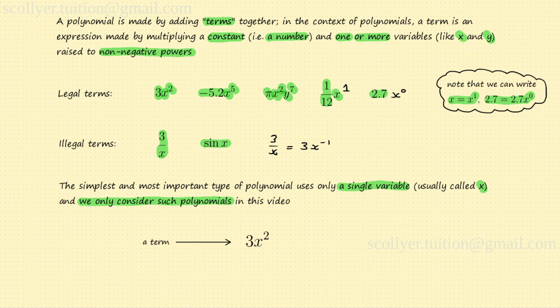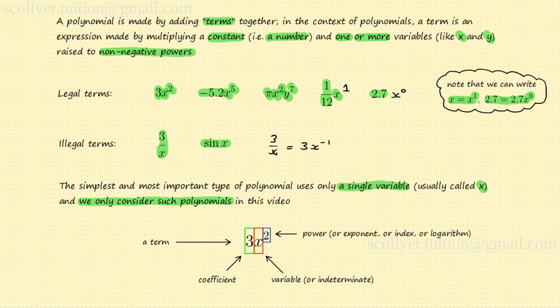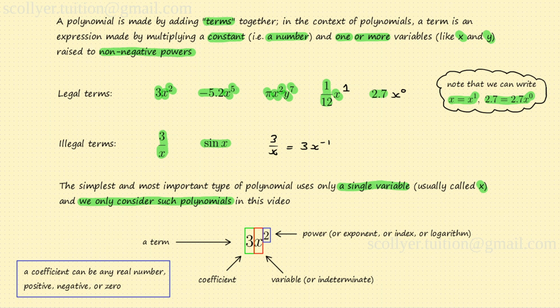Here is a typical term in a polynomial. The 3 is called the coefficient, x is called the variable or indeterminate, the 2 is called the power or exponent or index, and a coefficient can be any real number, positive, negative, or 0.